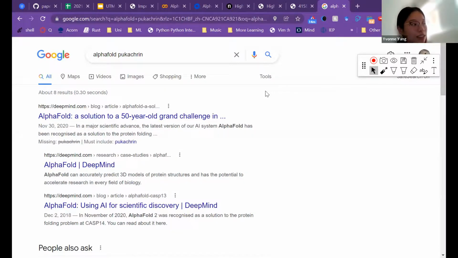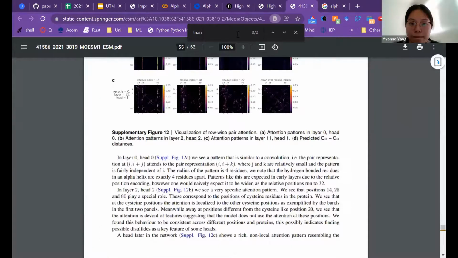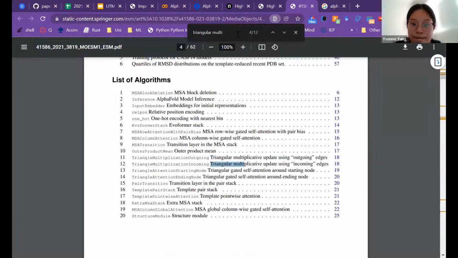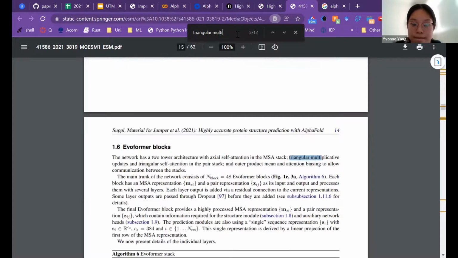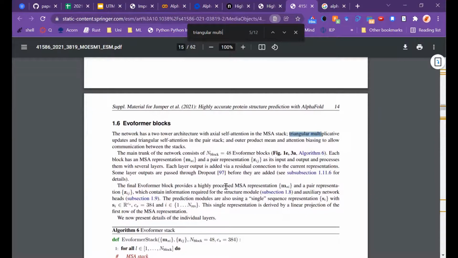Does anyone else have any ideas on this paper? Oh, okay.